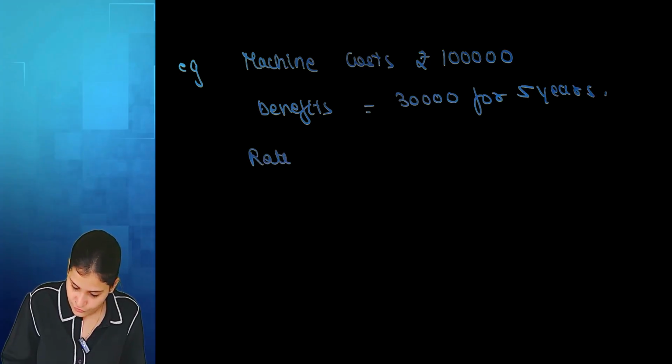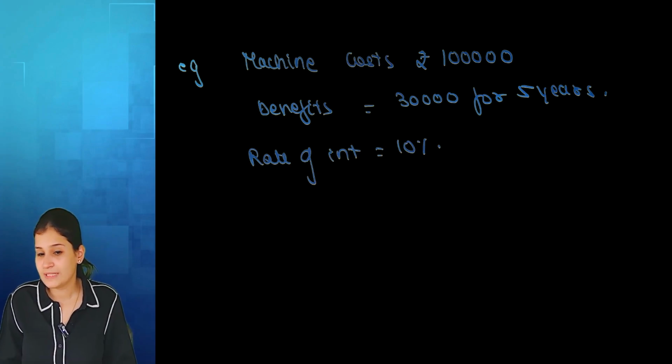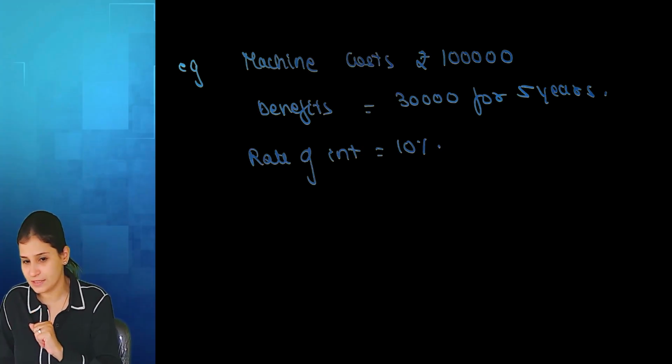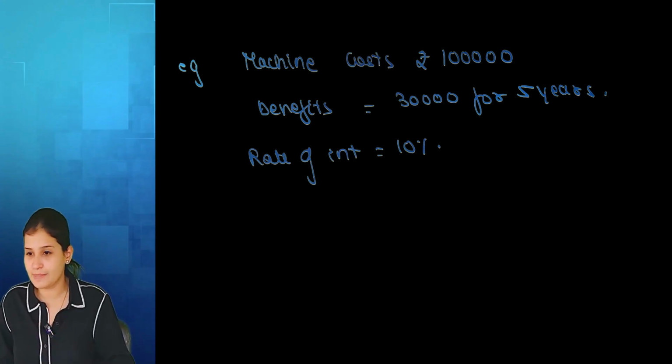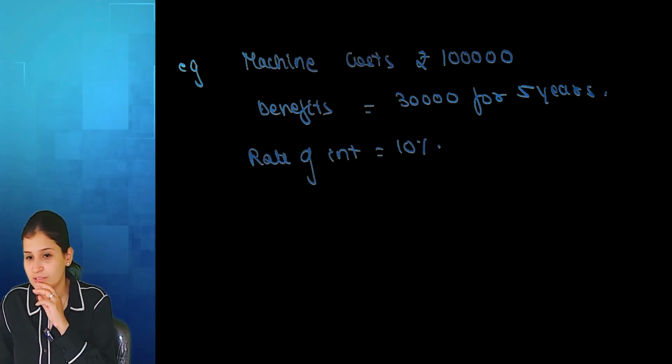Rate of interest is 10%. How do we decide whether I should buy this machinery or not? If I buy a machine of rupees 1 lakh, it reduces my cost by 30,000 every year for 5 years, and the interest rate is 10%. In this case, how do we make a call whether I should buy this machinery or not?